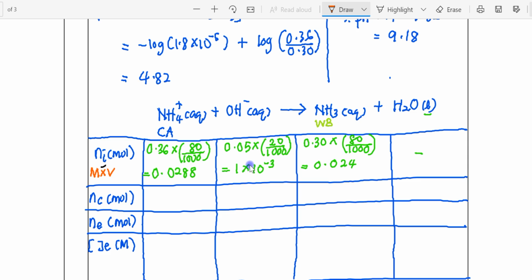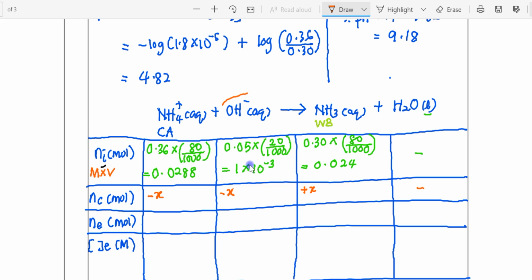For the change in concentration, the reactants will decrease, so we write negative X. Hydroxide also decreases, negative X, and the product increases. H2O is a dash.